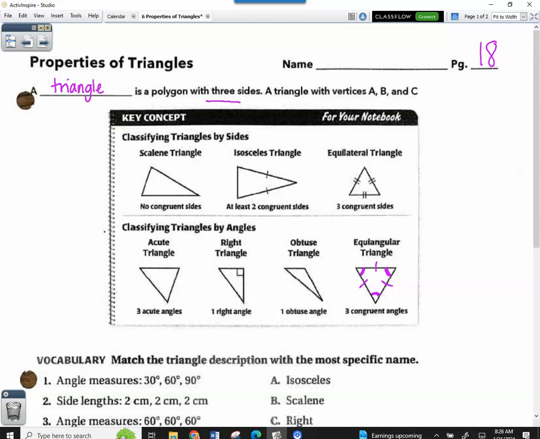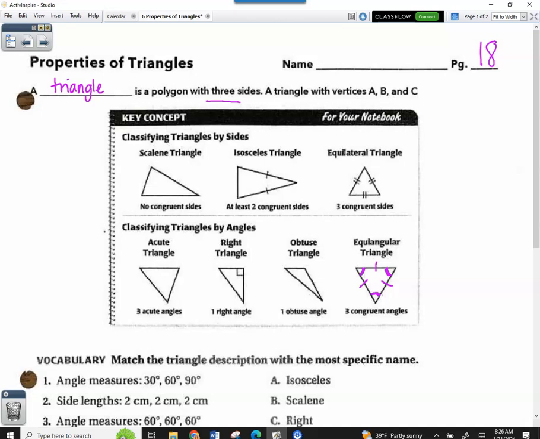Okay. If you have an equilateral triangle, then how many angles would be equal? 3. However many congruent sides also matches the congruent angles. They both match, okay?